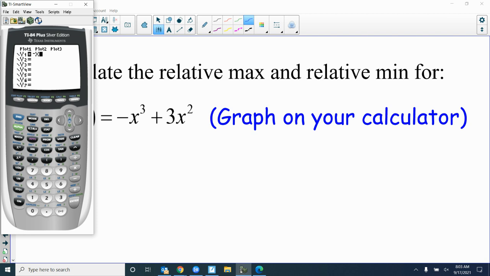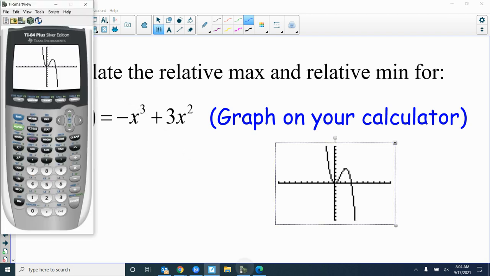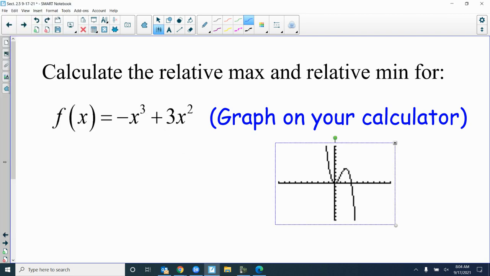Negative x cubed plus 3x squared, graph. Oh, there it is. So we have a relative min at 0, 0.